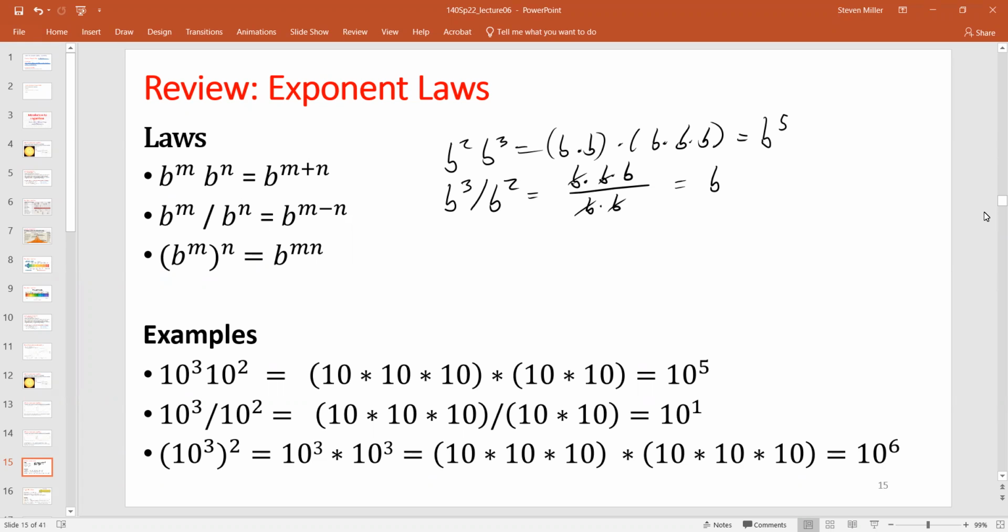And then similarly for the last one, b to the m to the n, I could do b squared cubed is b times b times b times b times b times b, which is b to the 6th. So again, these are not proofs, but these are at least motivations. And again, this is the same stuff that's gone below. Very similar examples, using 3's and 2's, good small numbers.